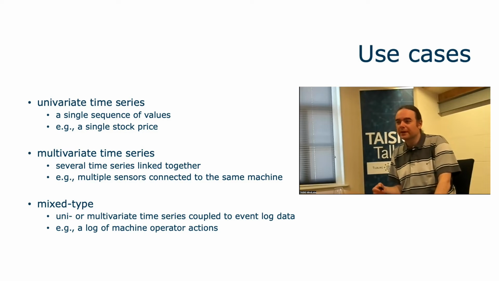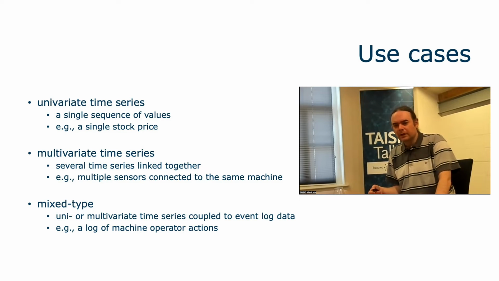Like I said, it could be the air temperature, it could be the temperature of the machine itself, it could be some kind of throughput or energy generation or energy consumption. So all kinds of things that are measured about the same machine at the same time, at the same regular intervals. That way we obtain a multivariate time series.